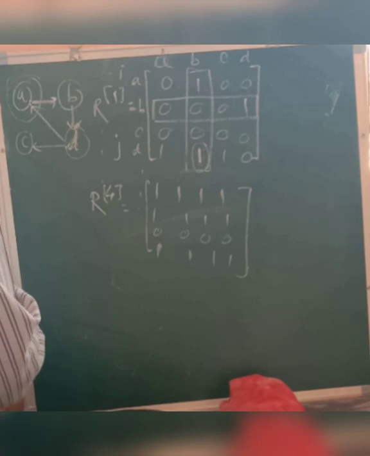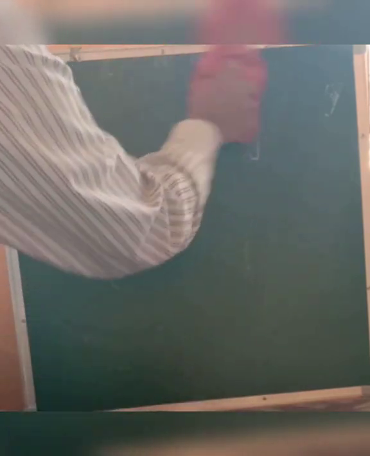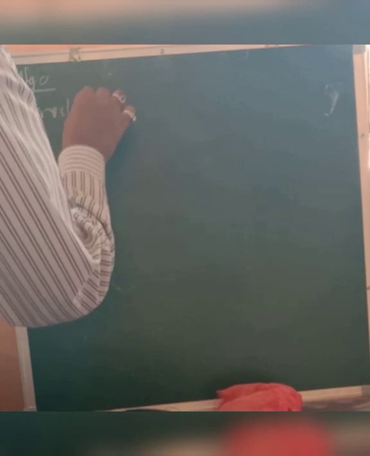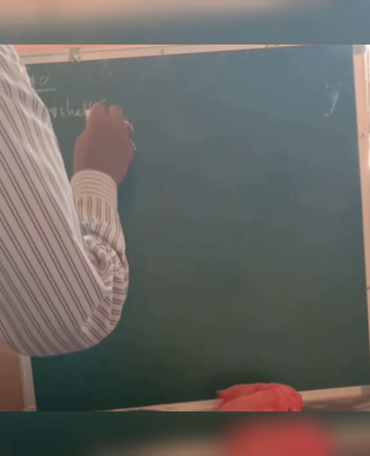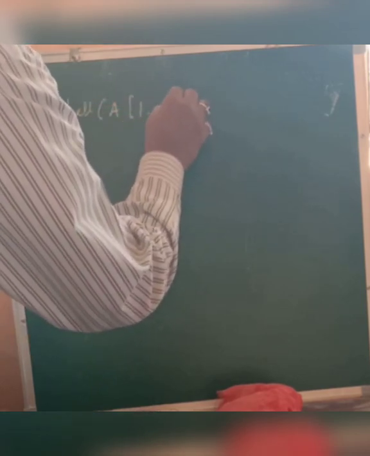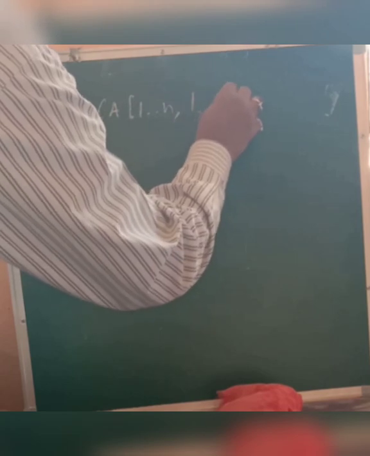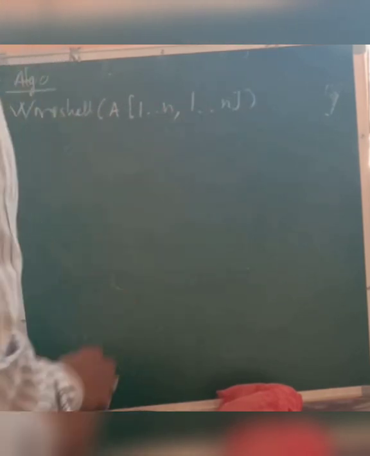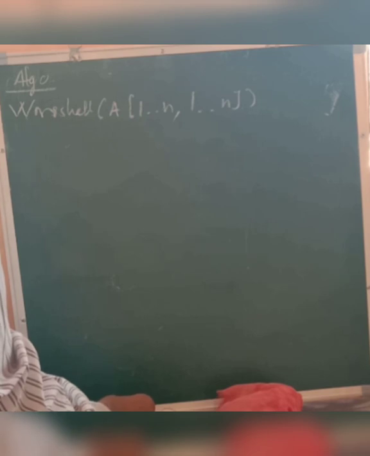So we write the pseudocode for Warshall's algorithm. What is the pseudocode for the Warshall algorithm? This is the algorithm, Warshall's algorithm, where capital A is your matrix, 1 to n, comma 1 to n. It implements Warshall's algorithm for computing the transitive closure.